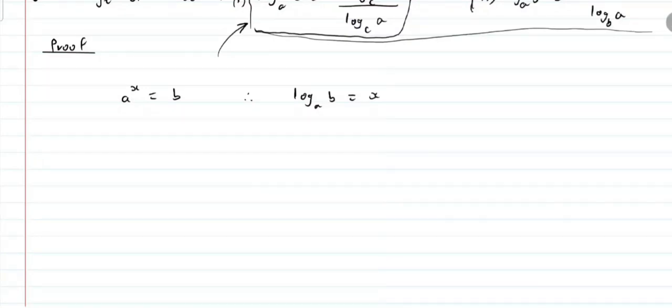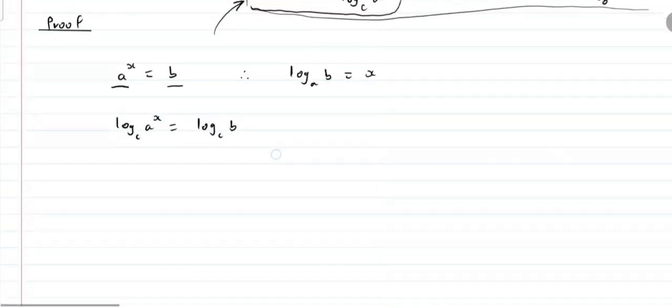So I'm going to introduce some other base, c, and c could be any other thing. But I'm going to log both sides of this exponential equation using base c. So it's going to be log base c of a to the x is equal to log base c of b.